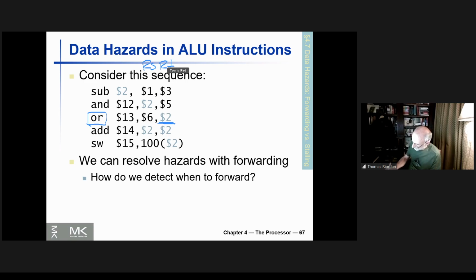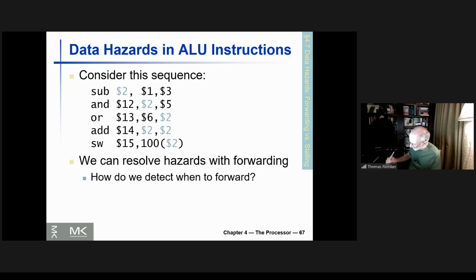This goes into the top of the ALU and this goes into the bottom of the ALU. Just remember that convention. Here we have this value 2, which is now in the second column, and it's in the second instruction, right? It's not this one, it's the next one.